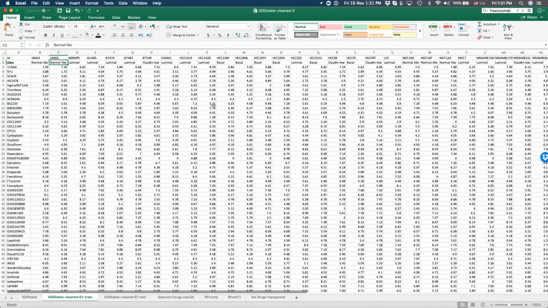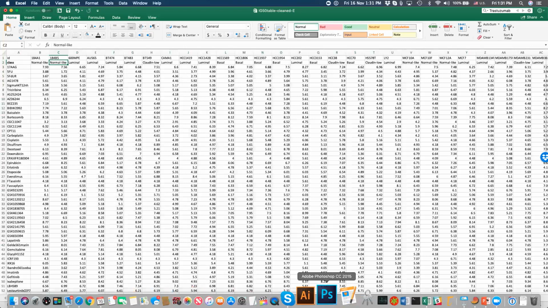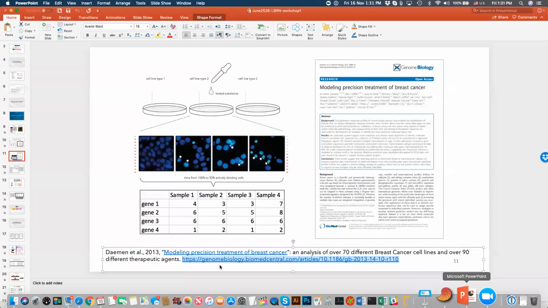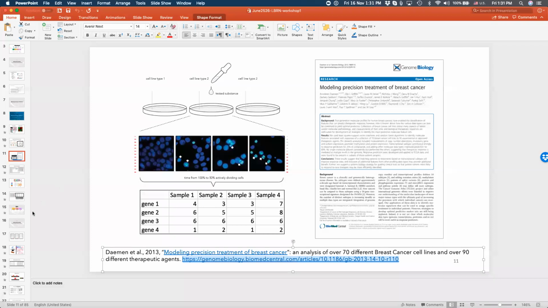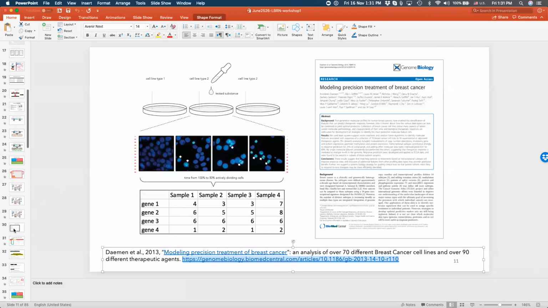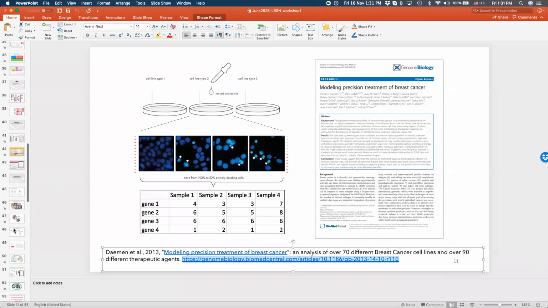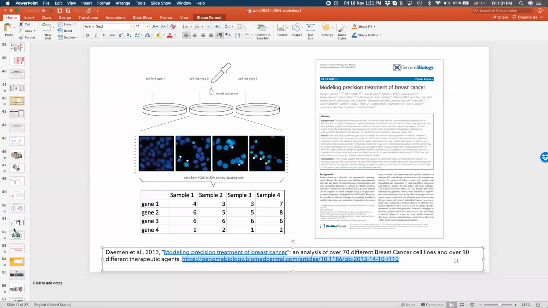A specific group of cell lines will have similar type of drugs. How would you see that? So you do clustering, right? So if you remember, how did we do clustering? I've got some presentation here open. So let's just take a look at the results of clustering.